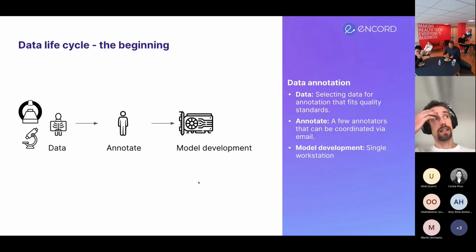Let's go through the data lifecycle. When you start off in the beginning, you've got your data, shown on the left side: any kind of medical data, X-ray data, microscopic data, or some radiological data. You more or less know if it fits your need. And you've got some annotators, maybe in-house, or somebody who you can email and say, "Can you have a look at these DICOM files?